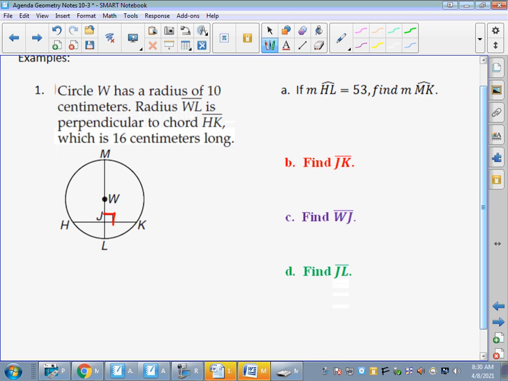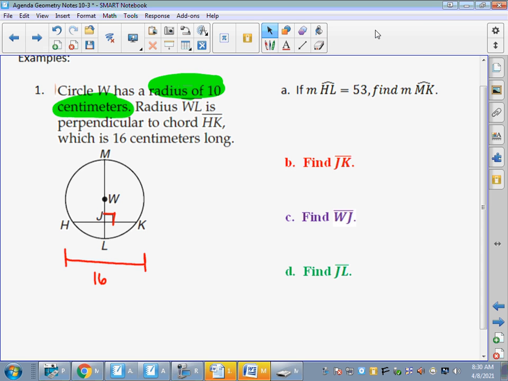WL is perpendicular to chord HK. And chord HK is 16 centimeters long. I'll put it out here because I don't know where else to put it. And I forgot to mention the first sentence, this circle has a radius of 10 centimeters. I don't want to forget about that. Radius of 10 centimeters. I'll just highlight it for now.